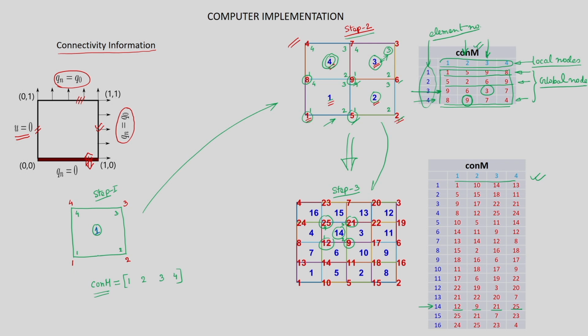In addition, we have to take the midpoints of each of the sides and the midpoint of the element, and all those nodes are to be numbered locally as well as globally, and the corresponding connectivity matrix has to be constructed. In that case, if there are 4 elements, the connectivity matrix will be of size 4 by 9, because there are 9 local nodes corresponding to the columns.